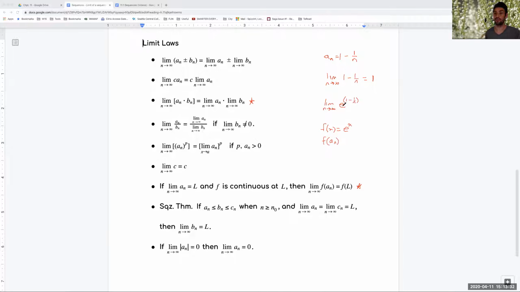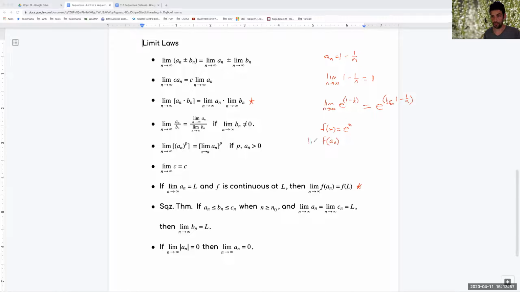That's what this is right here, e to the a sub n. And what this theorem tells me I can do, I don't have to do any kind of crazy limit thing here and figure out how to do a limit with this exponential. Instead, I can take e to the limit as n goes to infinity of 1 minus 1 over n.